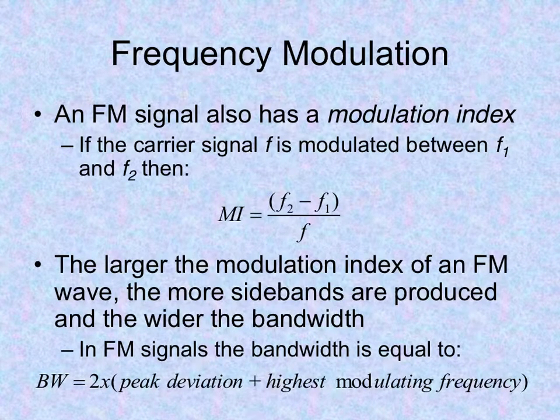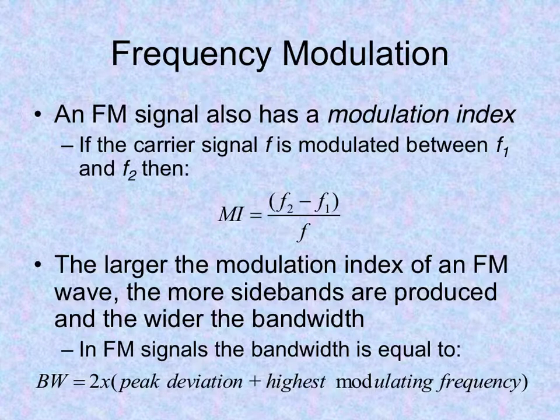And then an FM signal also has what we call a modulation index. With our modulation index, it's kind of a measure of how many sidebands will be produced, and it's related to those two frequencies that we just calculated, and it's also related to the actual carrier frequency.